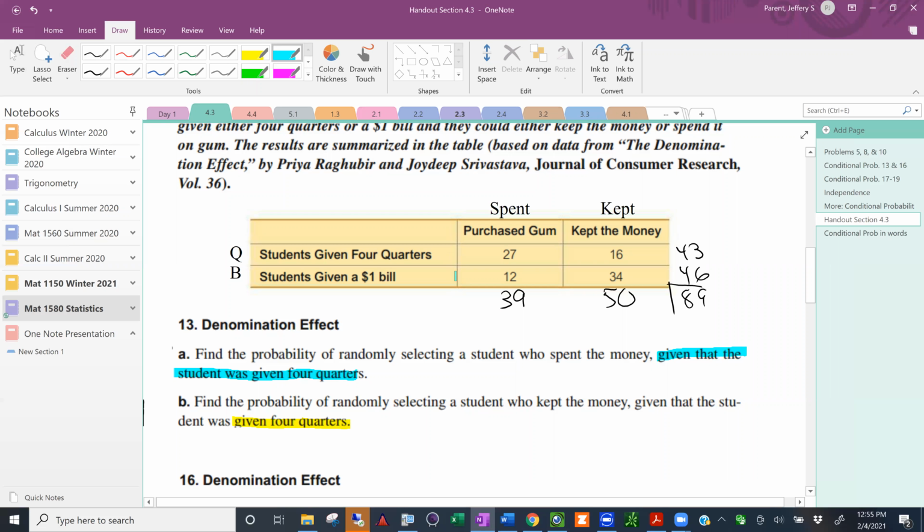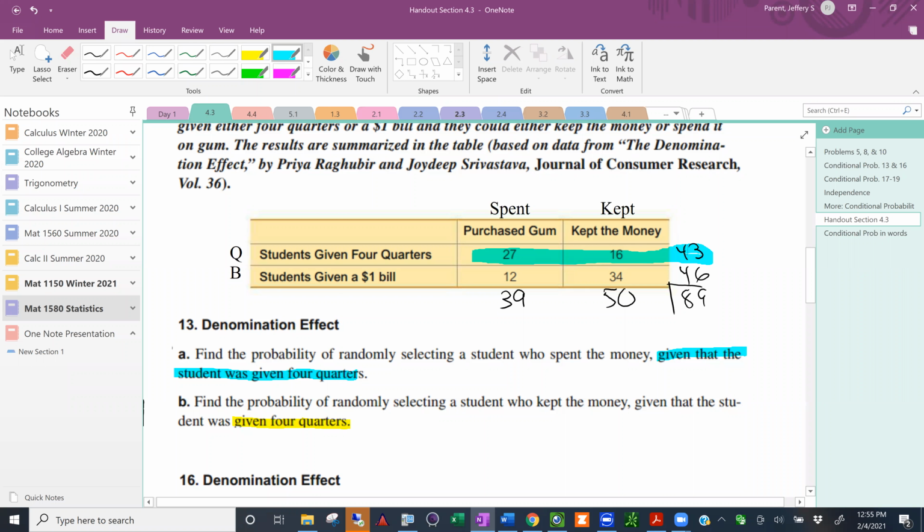Yeah, it's going to be Q. It's just going to be all this right here. So instead of dealing with the entire table anymore, now you're just dealing with the first row. You can ignore all the rest. You're being told, we're just focusing on the people who got 4 quarters. So that's this first row.